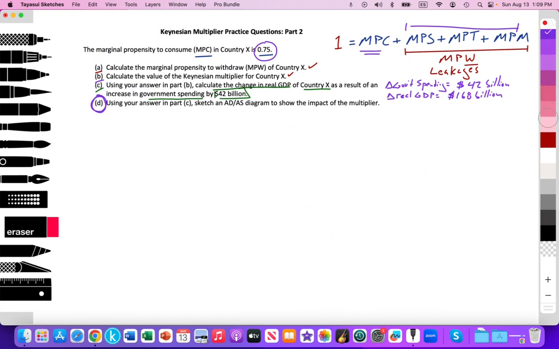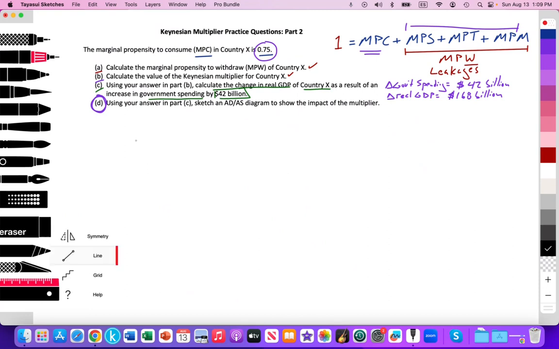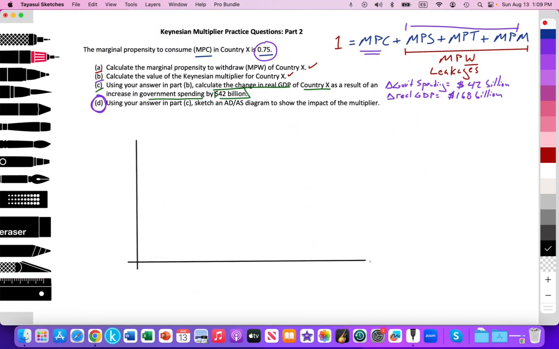Okay, so let's draw our X and Y axis. The X-axis is measuring real GDP. The Y-axis is measuring the price level, the average price of goods and services within the economy.